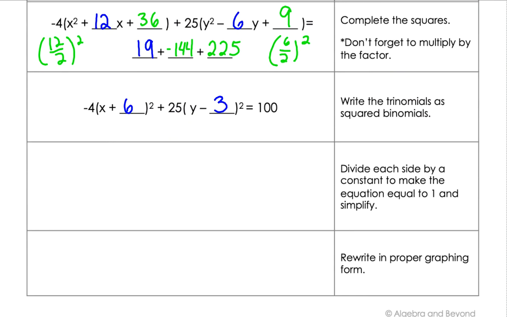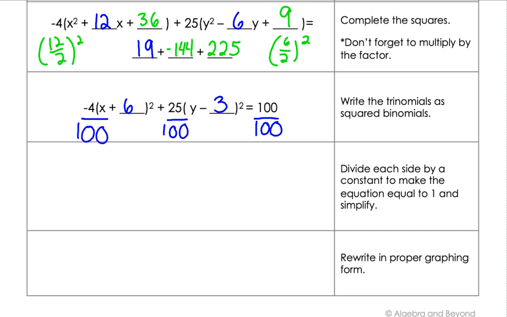All right, so again, on this one, we need to be able to get our equation equal to 1. So to do that, I am going to divide each side by that constant. In this case, it's 100, so that I am getting that right side equal to 1.